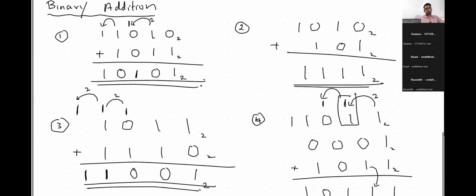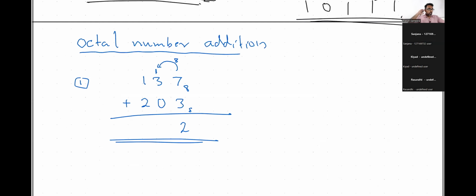Right. 3 plus 1 plus 0 is 4. We can represent 4 in the octal number system, no problem. 2 plus 1 is 3. Yes, it is possible. Then the addition of these two octal numbers will be 3 4 2 base 8. Easy. Okay.